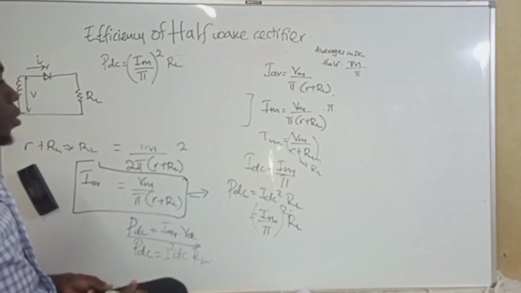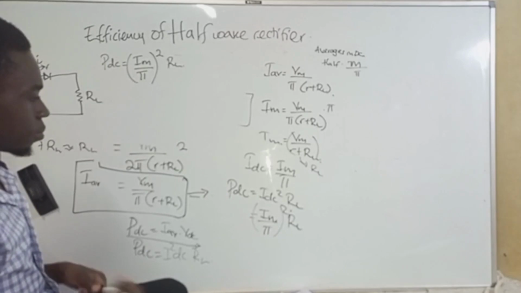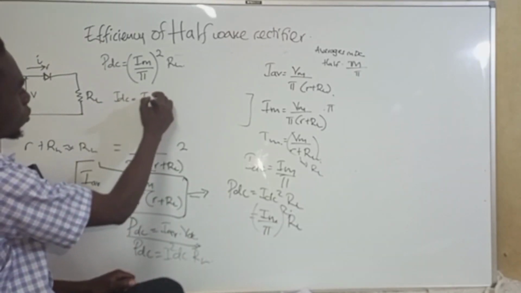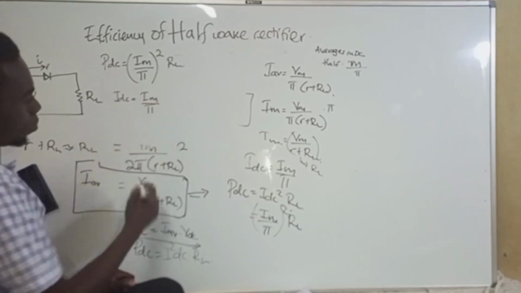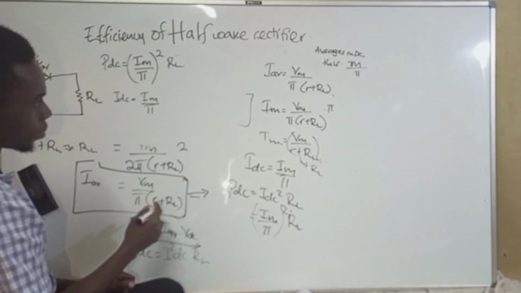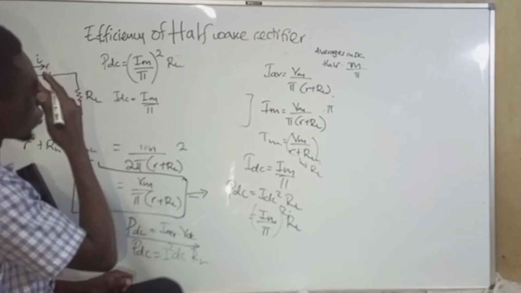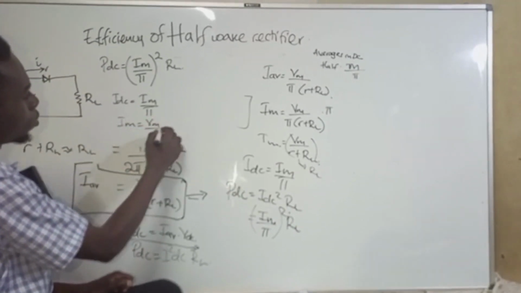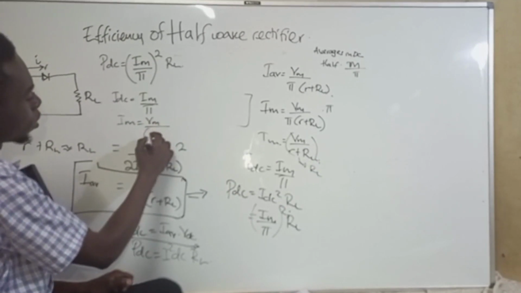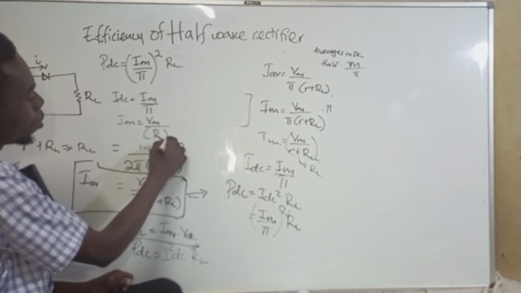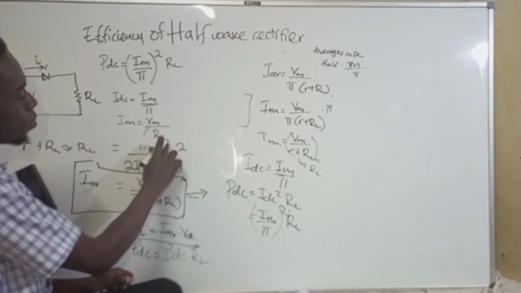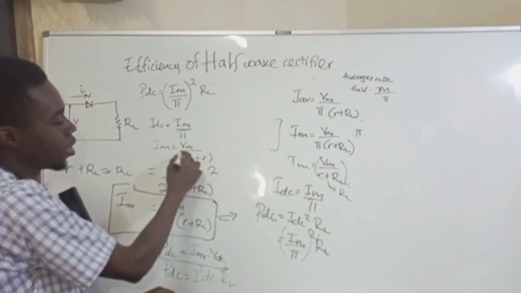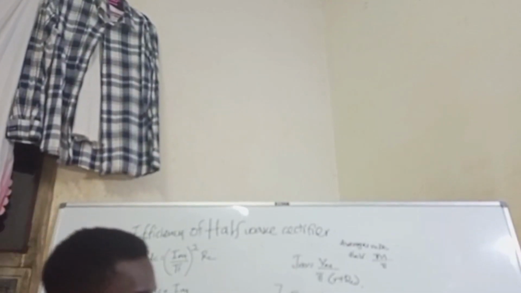That is one of the equations that we shall be using, and we know that I DC is equal to I max over pi. Also, I max can be given by V max over RL, or it can be given by V max over RL plus R, if the value of R has been given.